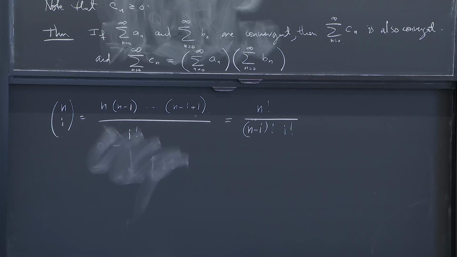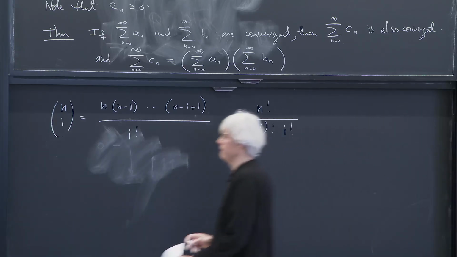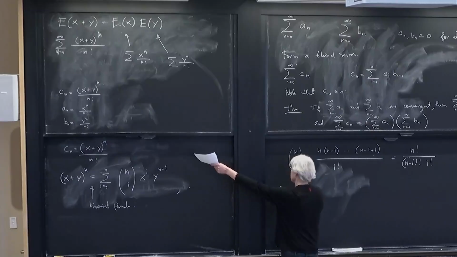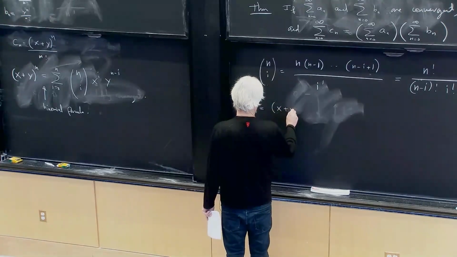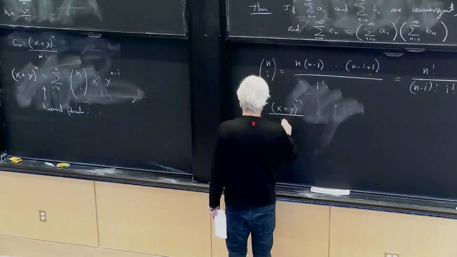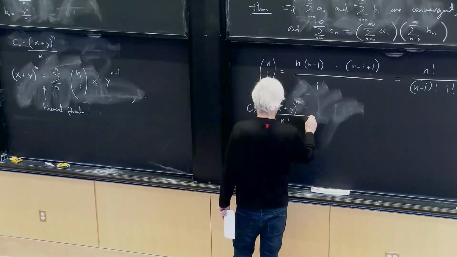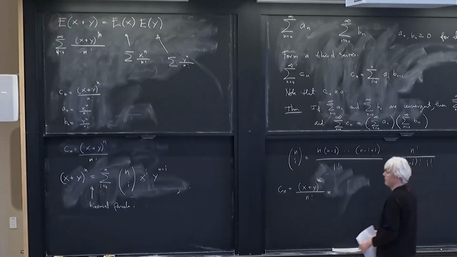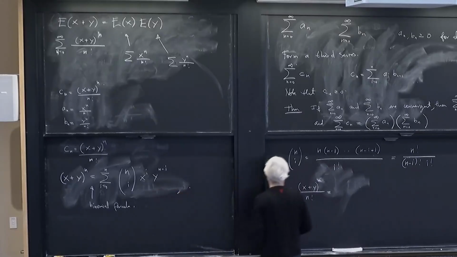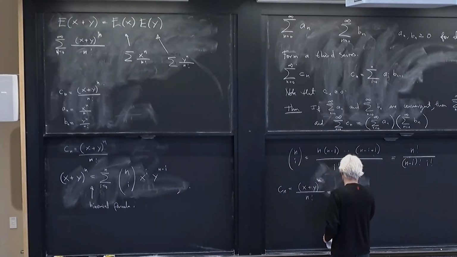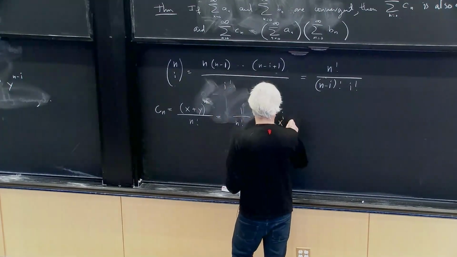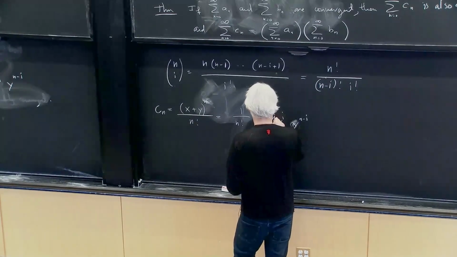Okay? So this means that our Cn, we define Cn like this, (x plus y) to the power n over n factorial. And if we use the binomial formula, then it was equal to 1 over n factorial, sum i equal to 0 to n of x^i y^(n minus i) times n choose i.